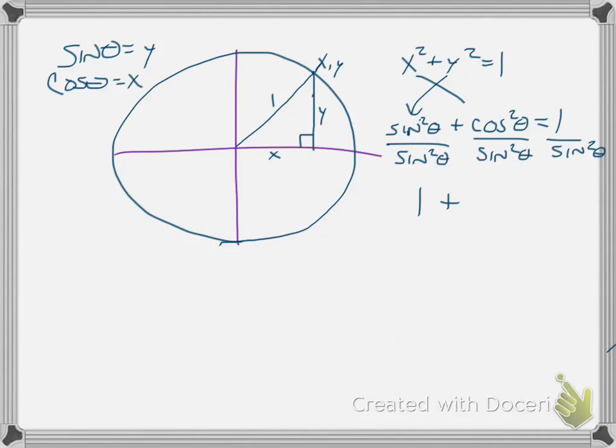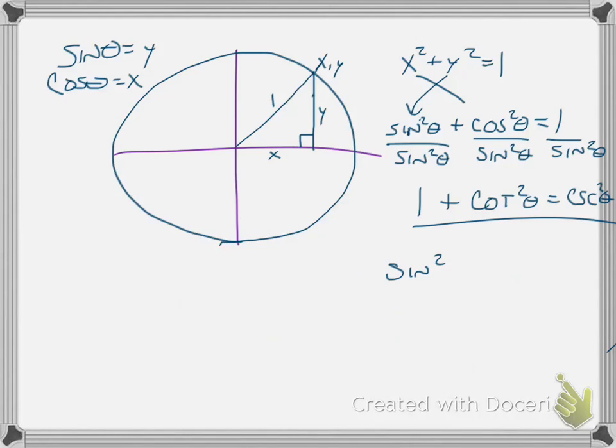And then that's going to be plus cosine squared theta over sine squared theta. Well, that's cosine over sine, which is cotangent. But because they're squared, it's squared. And then 1 over sine is going to be cosecant. And so this is now my second Pythagorean identity.